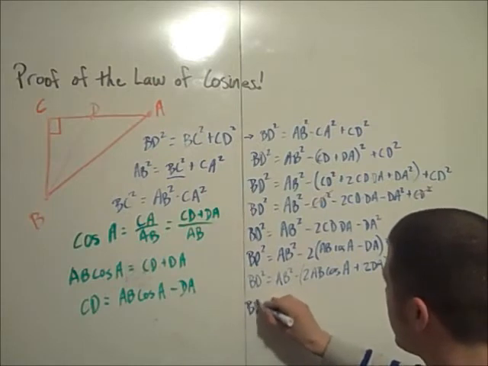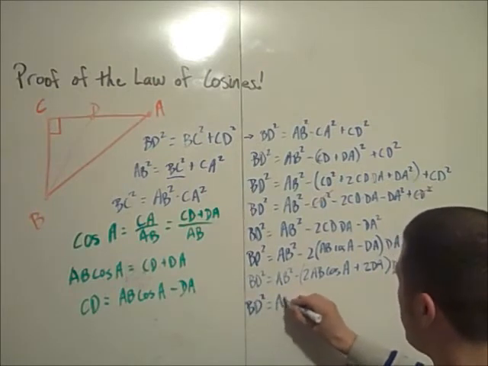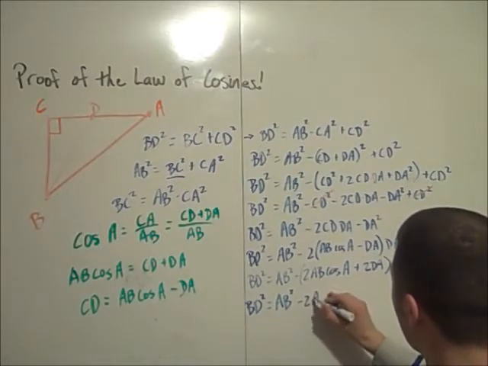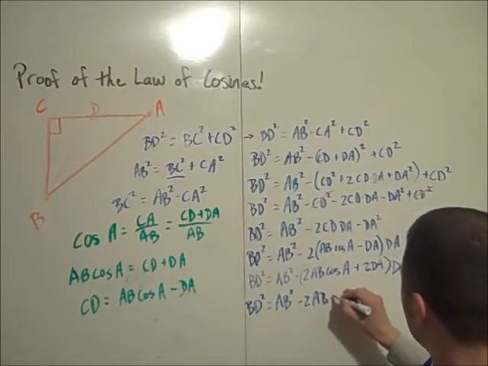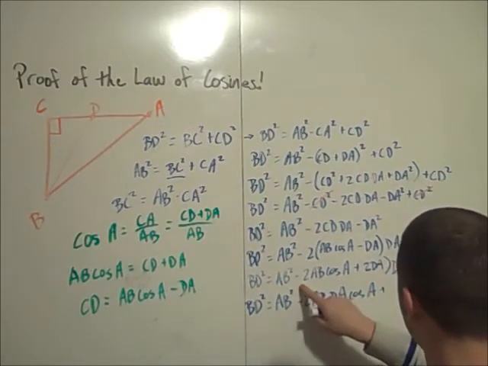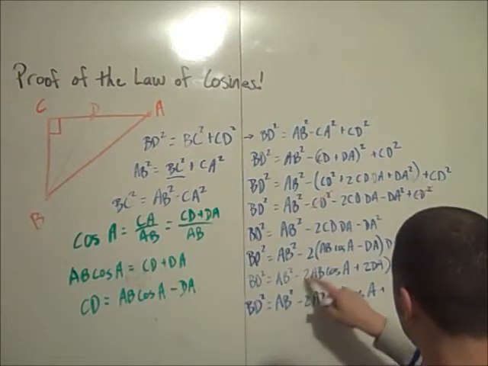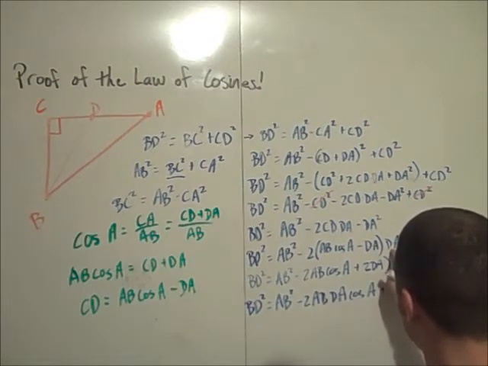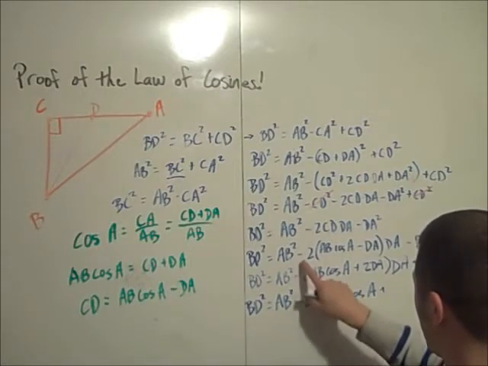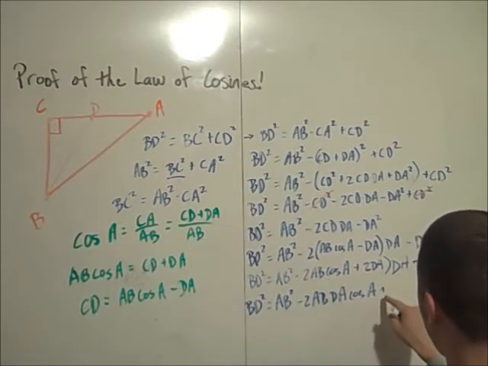So I have BD squared equals AB squared minus 2 AB DA cosine A plus, this should have been distributed in the step prior. I shouldn't distribute that minus to that. I've already distributed that.